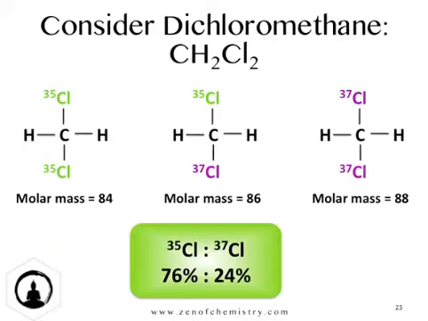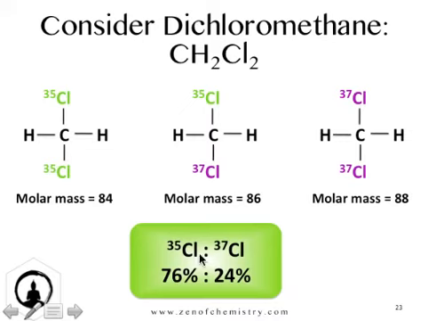Now we move on to dichloromethane. Now we've got 2 chlorines on our methane molecule. We could have a chlorine-35 and a chlorine-35, one of each, 35 and 37, or 2 chlorine-37s. So the molar mass of dichloromethane is 84, 86, or 88. Again we're looking at our abundances.